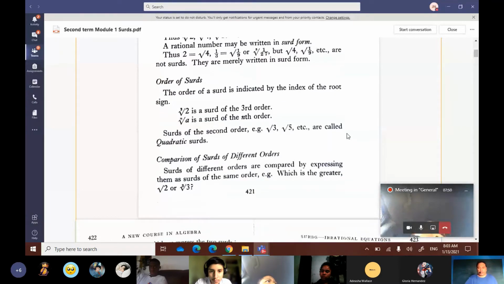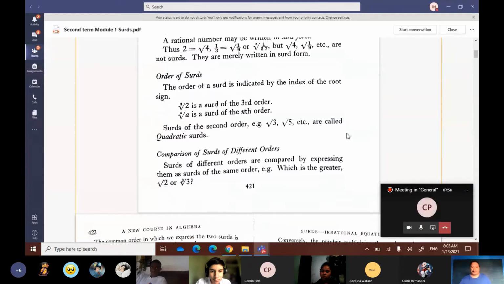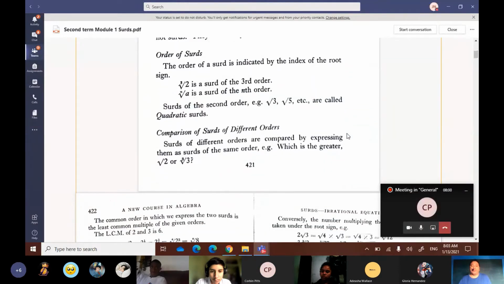The order of surds: it says the order of a surd is indicated by the index of the root sign. So, for example, the cube root of 2 is of the third order because there is a 3 right there.